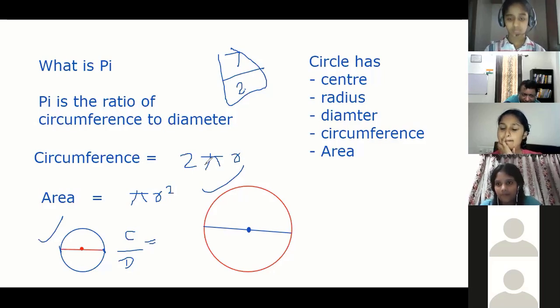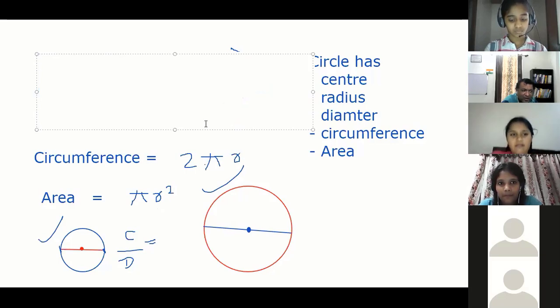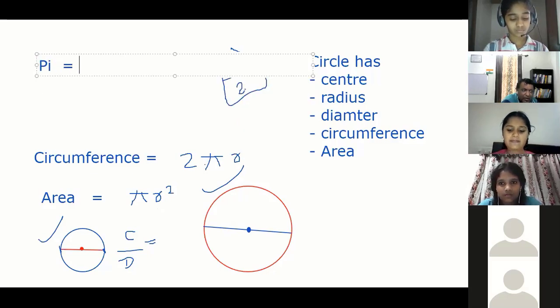Clear? Yes, sir. So the area of a circle: if I remove this now and use normal maths equations, I said pi is what? Pi is circumference by diameter.